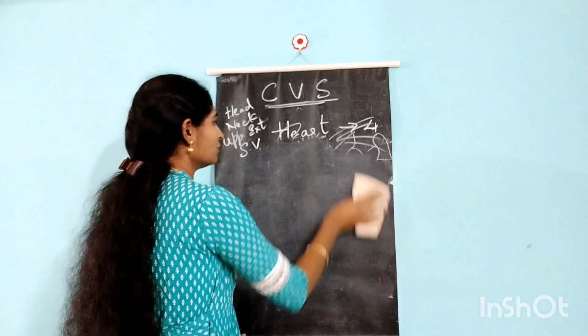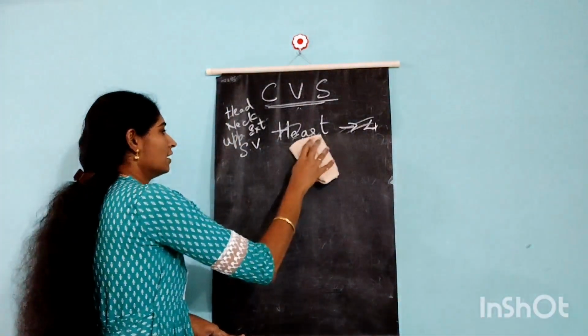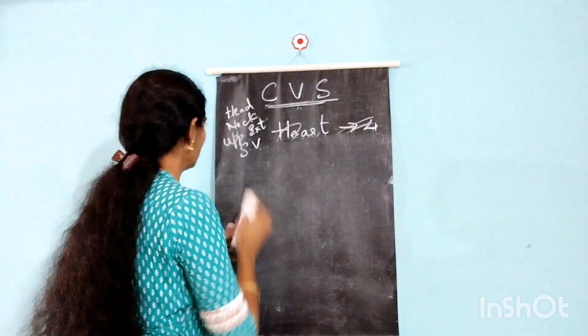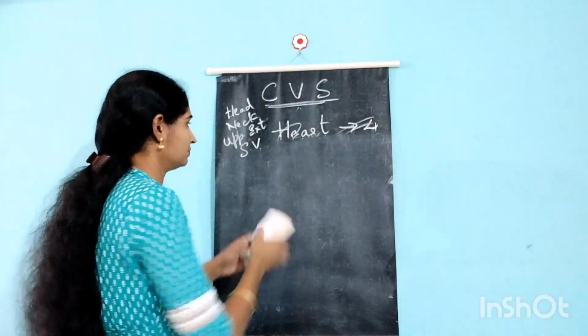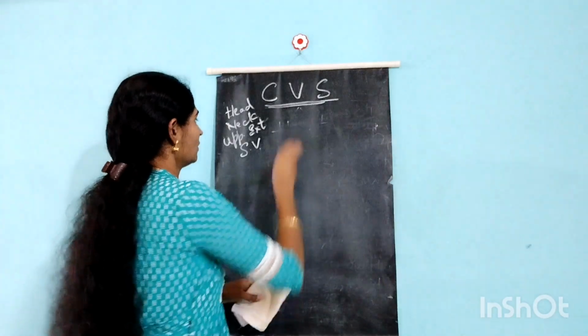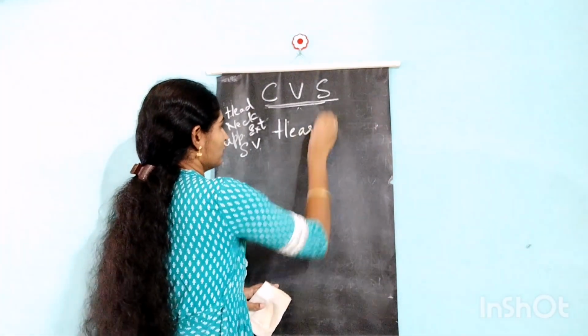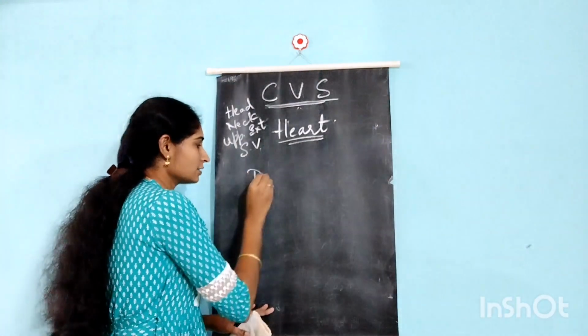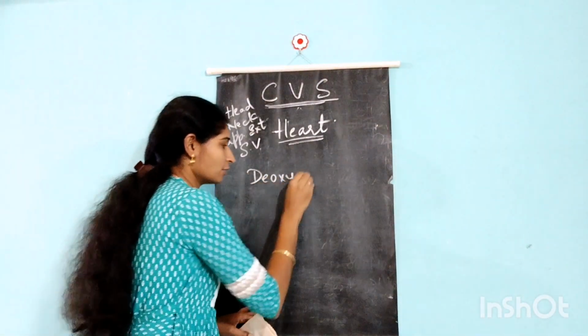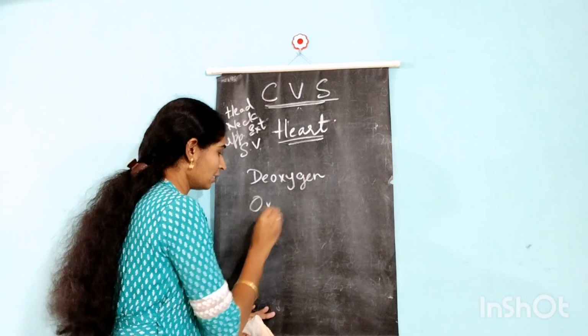So we dealt with the 4 chambers. Here one thing we need to keep in mind is the deoxygenated blood and the oxygenated blood.